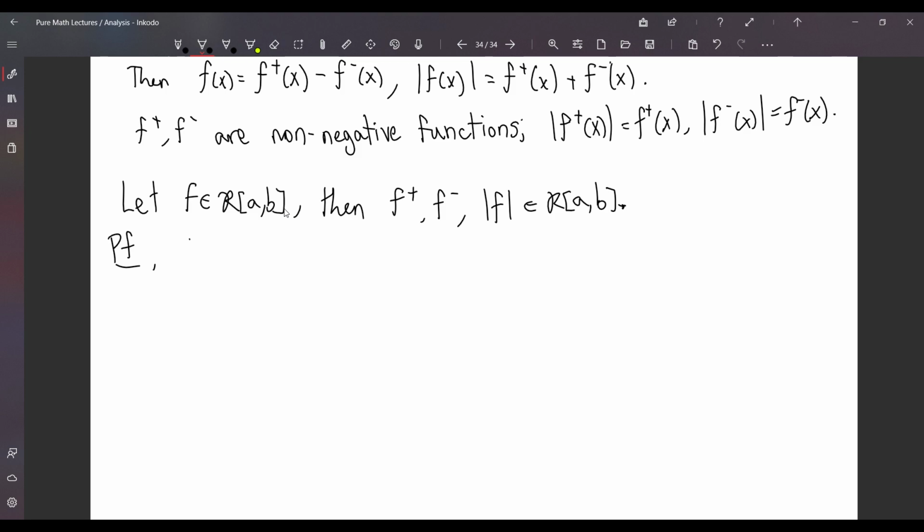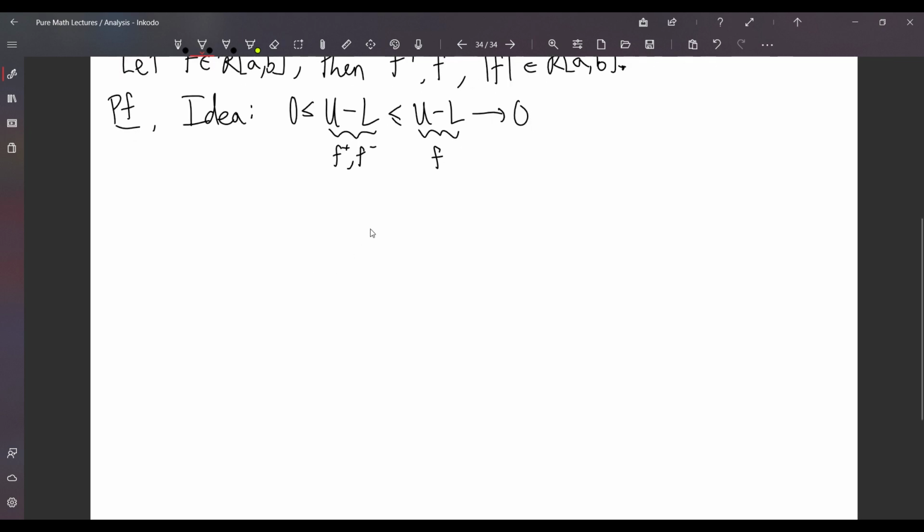The idea is to show that the upper minus the lower sums for f plus and f minus must be less than or equal to the upper minus the lower sums for f. And of course, as we take our partitions to be smaller and smaller, these approach 0, so that forces these to go to 0. So I'm going to briefly sketch why this is true.